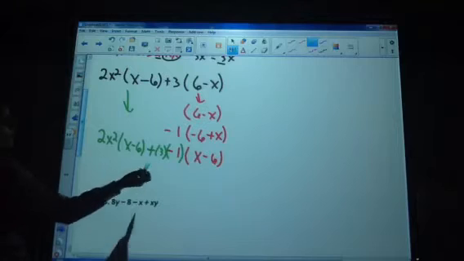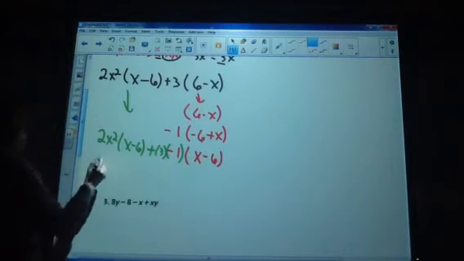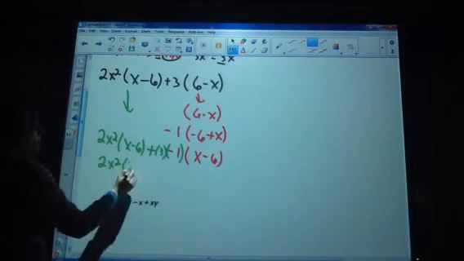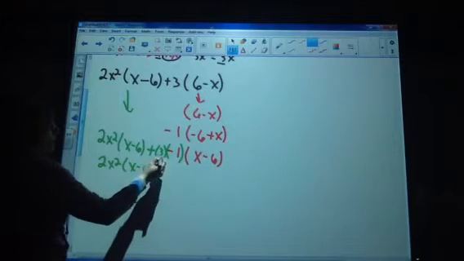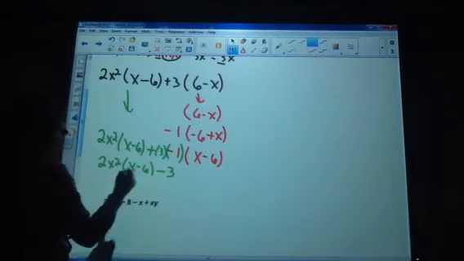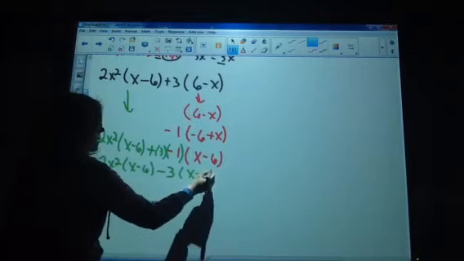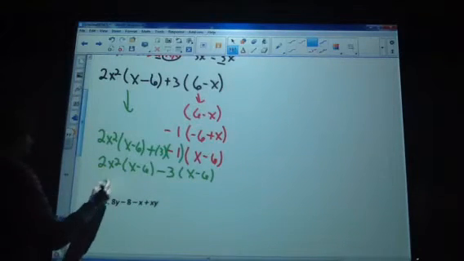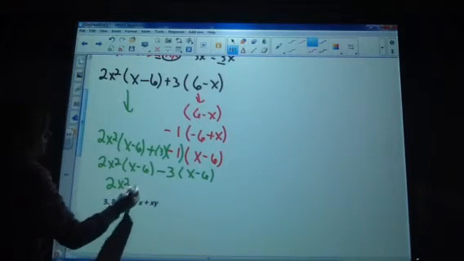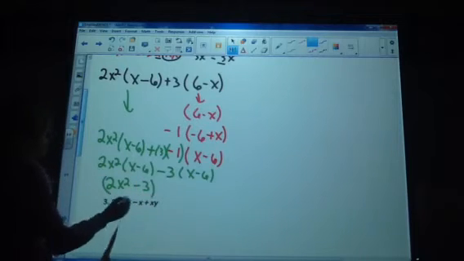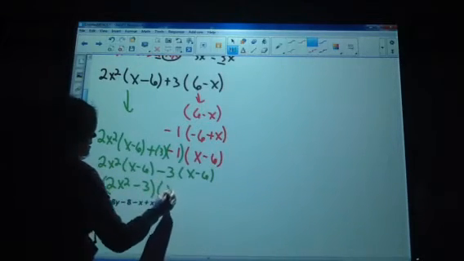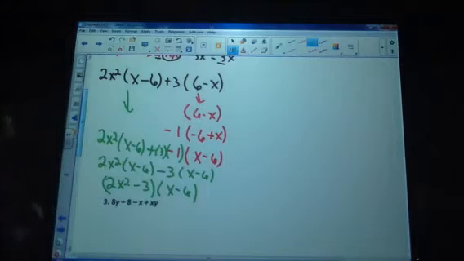So what I need to do is multiply my 3 and my -1 here. So I have 2x squared, x minus 6. 3 times the -1 is -3, x minus 6. So I have 2x squared minus 3, and then my common binomial factor, which is x minus 6.